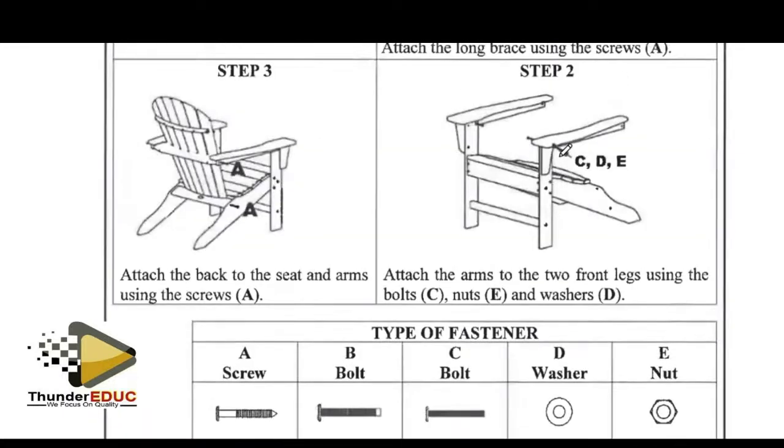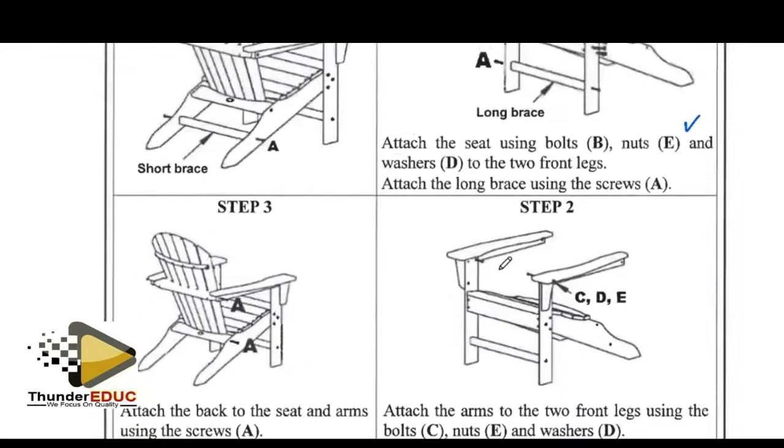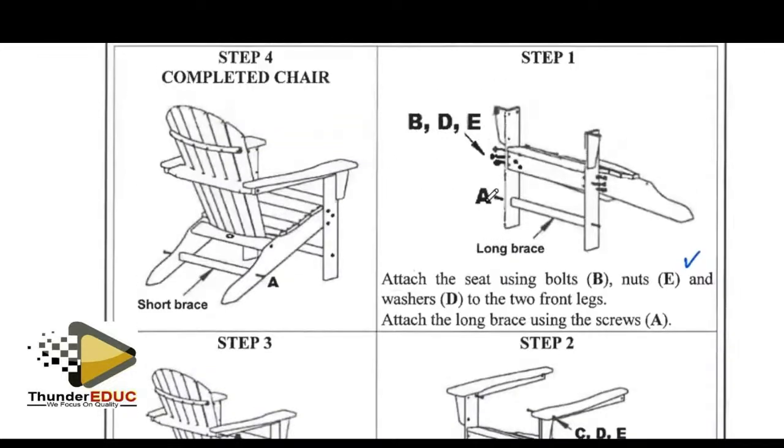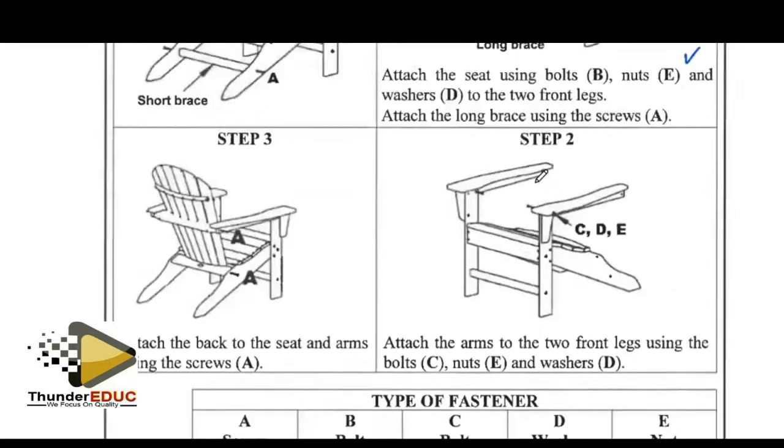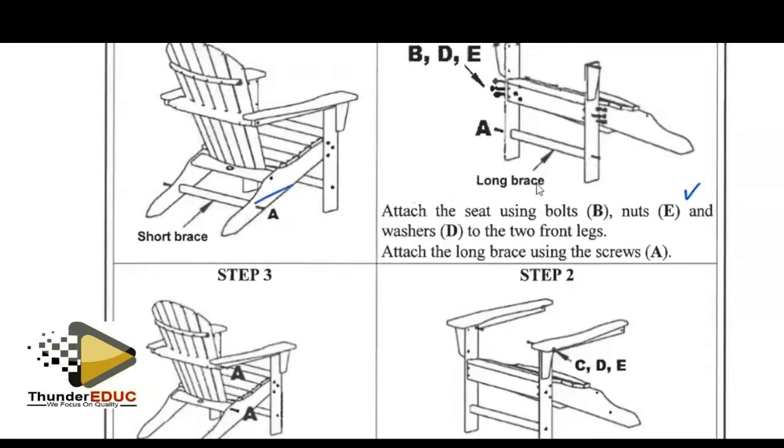We have E again. We shall have 6 nuts, because here we have attach the seat.